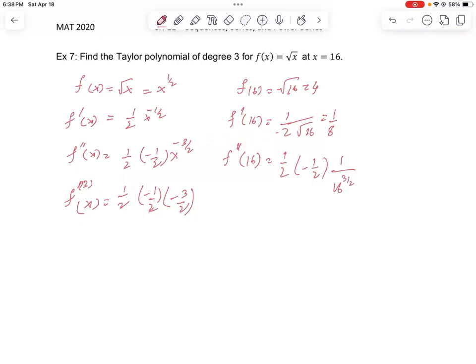Which is equal to 1 over 2 times negative 1 over 2 times 1 over, so 16 square root of 16 is 4, 4 cubed is 64.